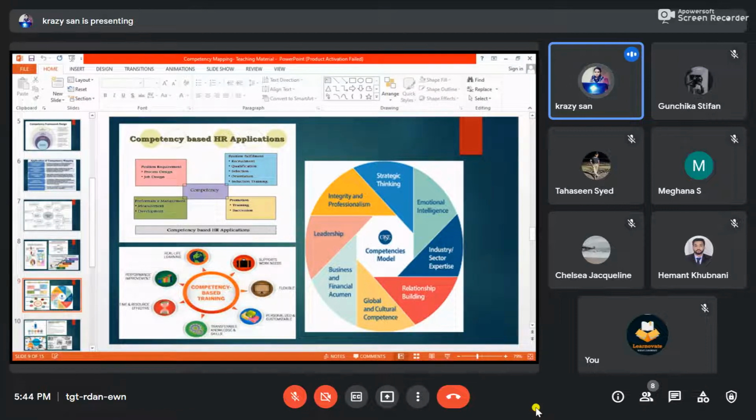Mostly software is involved, and you just need to work on that software very efficiently. Your efficiency and effectiveness are measured on that basis, and those applications have to be known by every HR manager and HR associate.